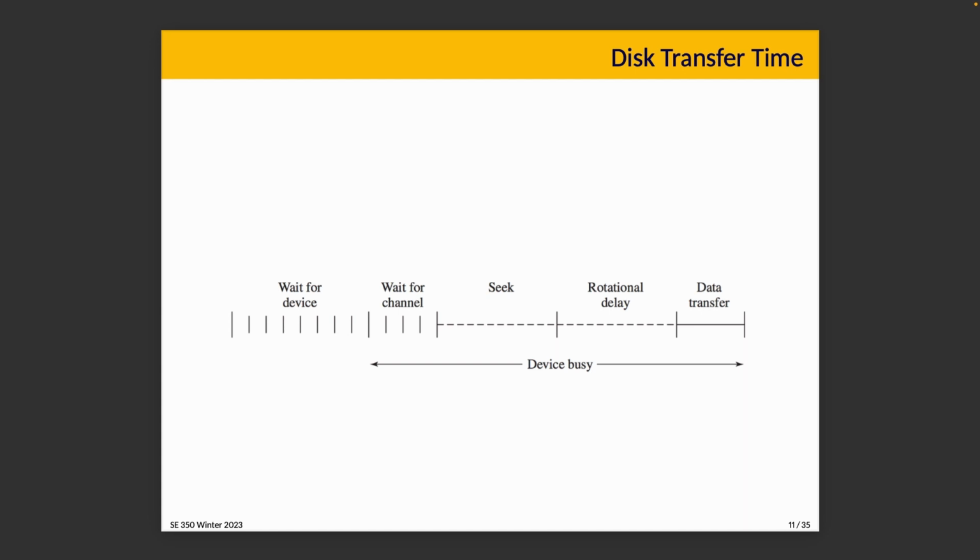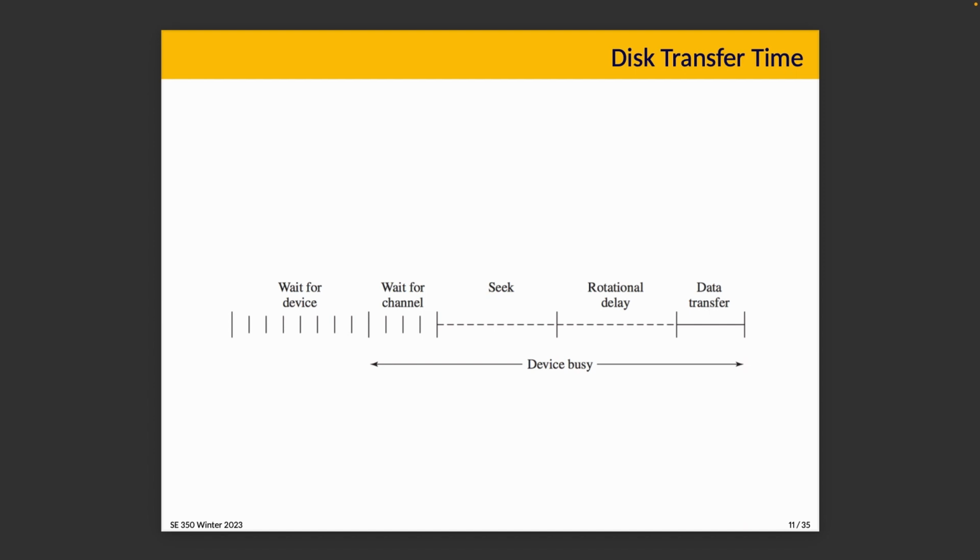And then there is the rotational delay, which is to say that when we arrive at the correct track, the piece of data that we're looking for might not be directly under the read head right now. We might have to wait for the disk to spin a little bit more to actually get here. As you can imagine, seek times and rotational delays when we talk about modeling a hard drive are averages.